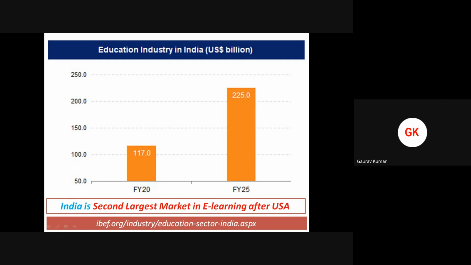Since 2020 it's increasing exponentially, very fast, because after 2020 there were lots of products, lots of tools. Even the corporate world is also moving to work from home, teaching and learning from home.